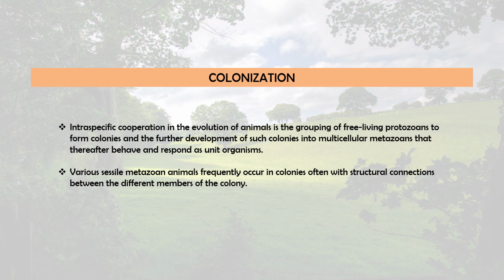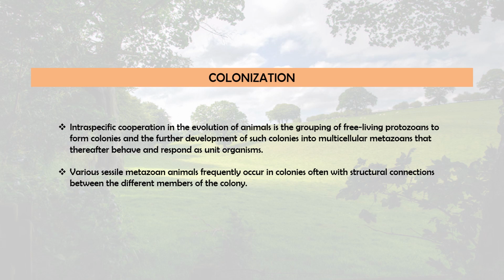Such colonial forms include many coelenterates like Obelia, Physalia, Porpita, Millepora, Tubipora, Gorgonia, Corallium, etc. They form many colonial hydroids, and they show polymorphism and division of labor, called zooids or polyps.